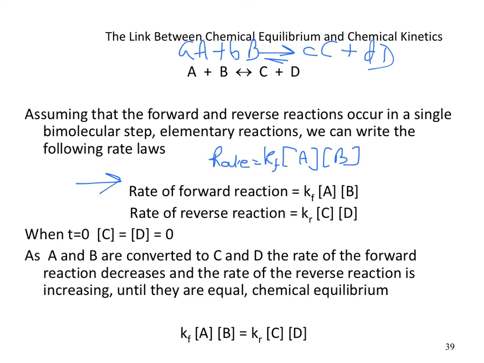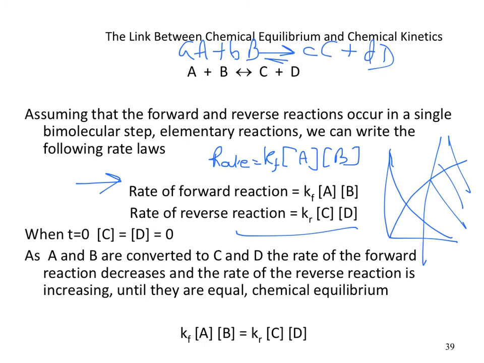Now, of course, in the beginning, there is no concentration of C and D, so there will be no reverse reaction. It's only as that concentration builds up over time that those actually come into play. But you know that at equilibrium, remember that curve where reactants decrease, products increase, and when they become constant, we say equilibrium has been hit.